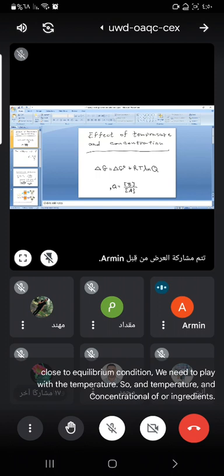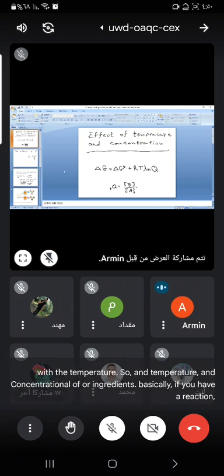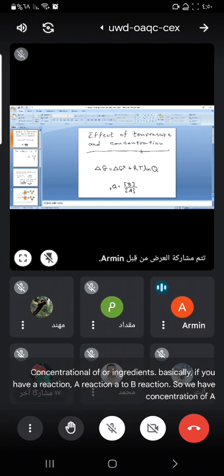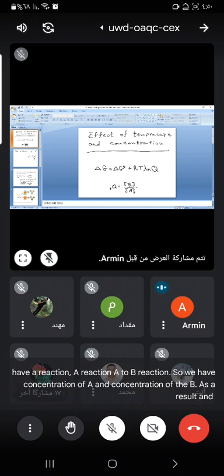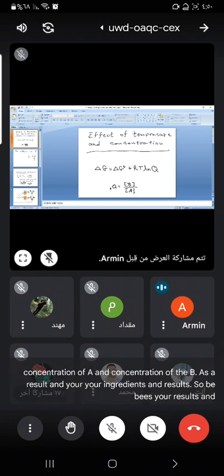Basically, if you have a reaction A to B, you have a concentration of A and a concentration of B as a result. So B is your result and A is your ingredient.